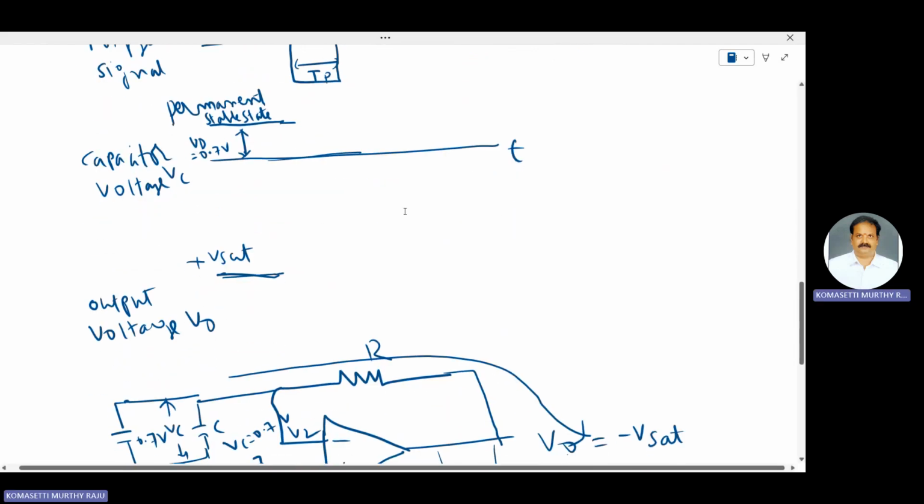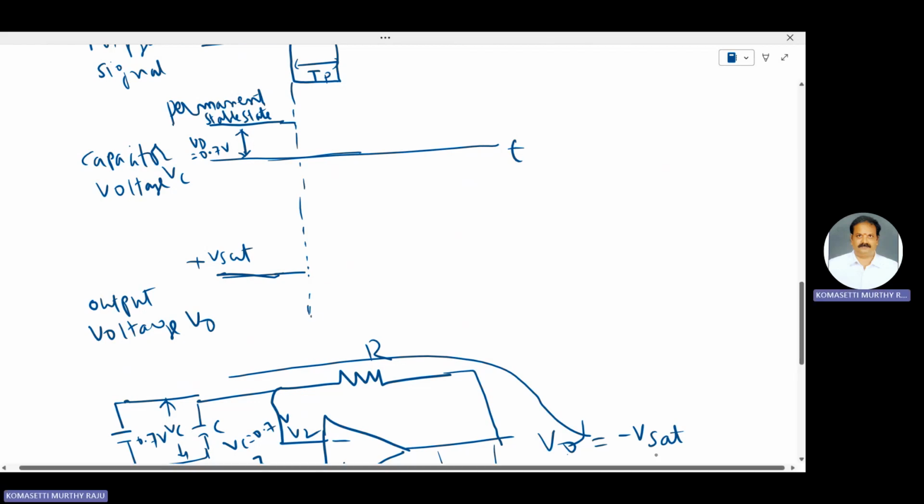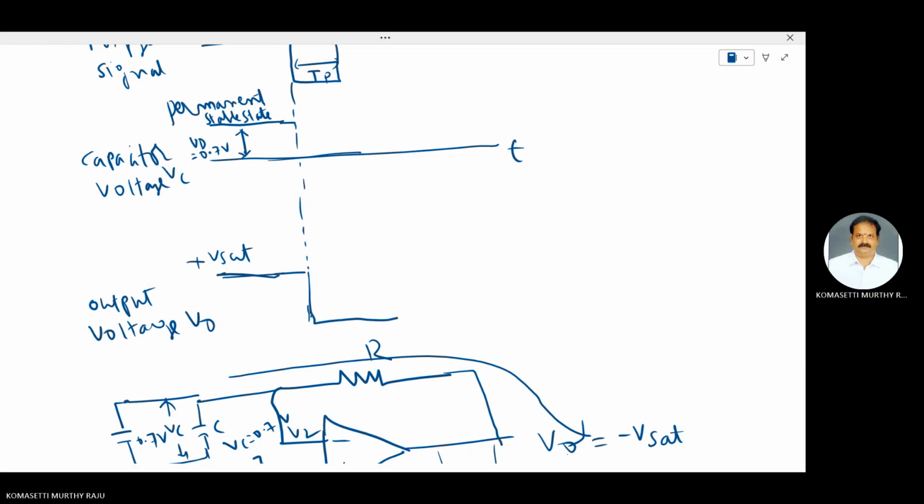Due to that, the output changes from plus Vsat to minus Vsat.